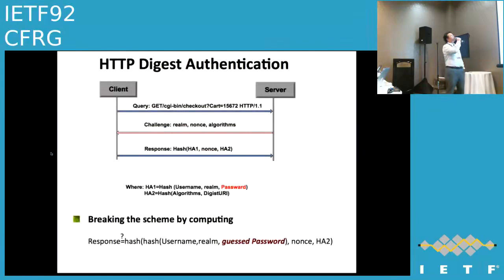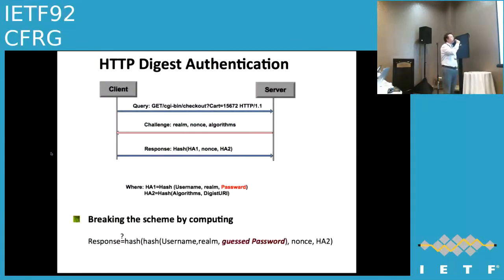First, what is HTTP digest authentication? This protocol is very simple. The client first sends a query to the server, wanting to access a web page which requires authentication. The server challenges the client with a message including the realm, nonce, and algorithm.